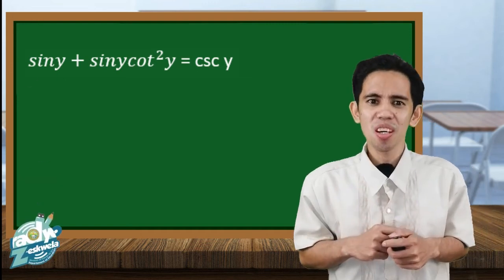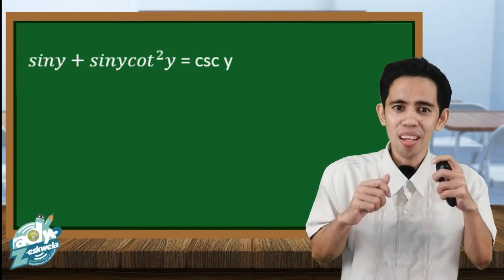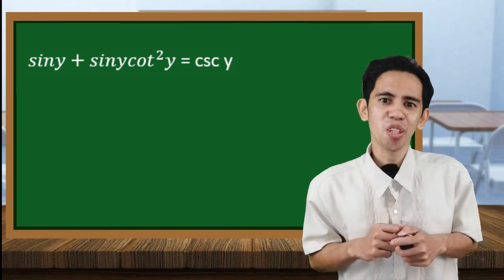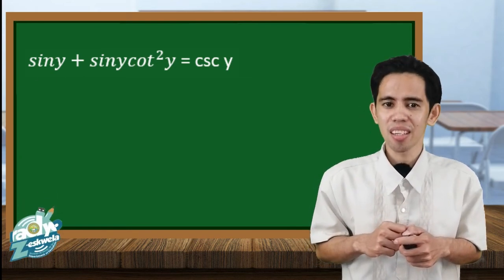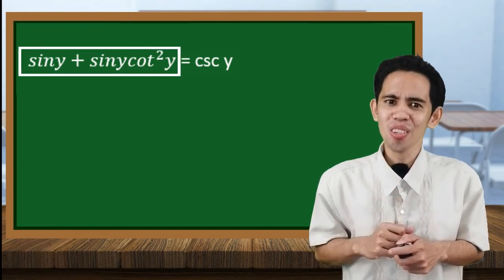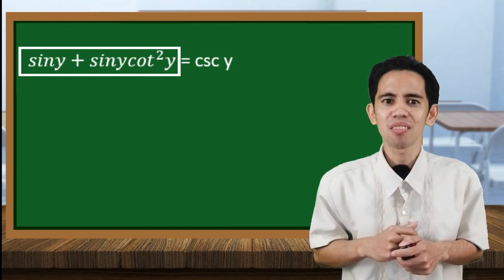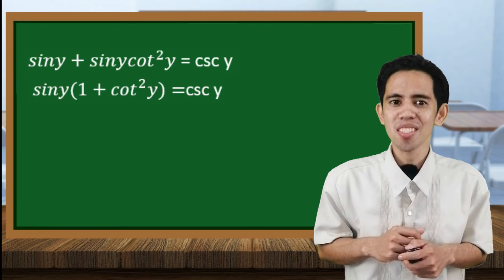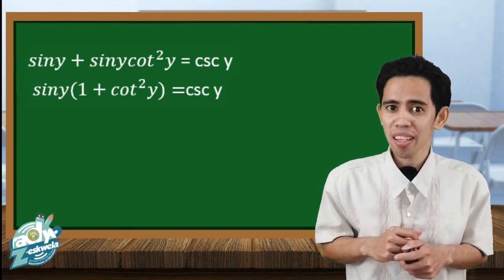As you can see, we can manipulate the left side of the equation since it has more terms than the right side. Factor out sin y from sin y plus sin y cot squared y. Then we have sin y times quantity 1 plus cot squared y.